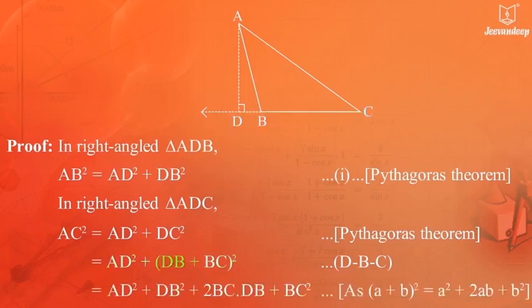Equating DB plus BC whole square to A plus B whole square, we get AD square plus DB square plus 2BC DB plus BC square.